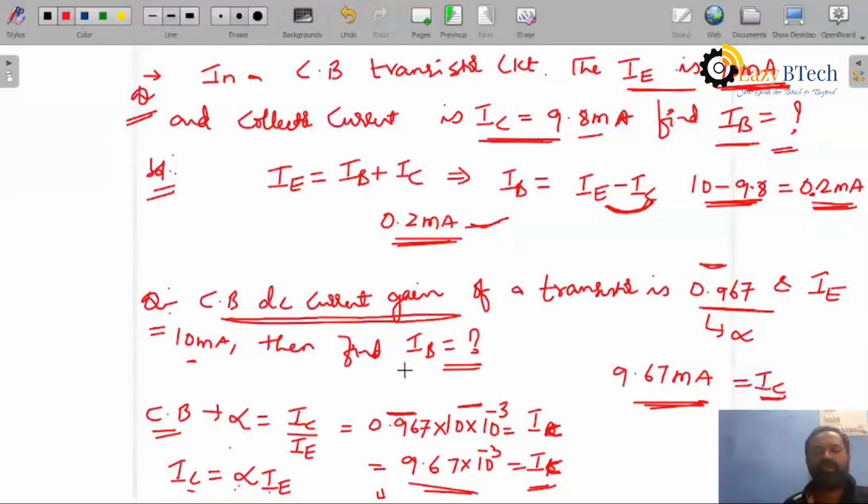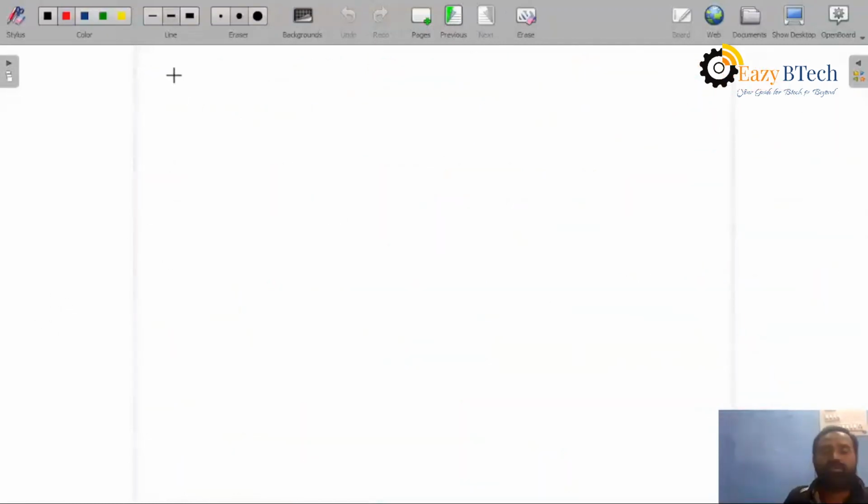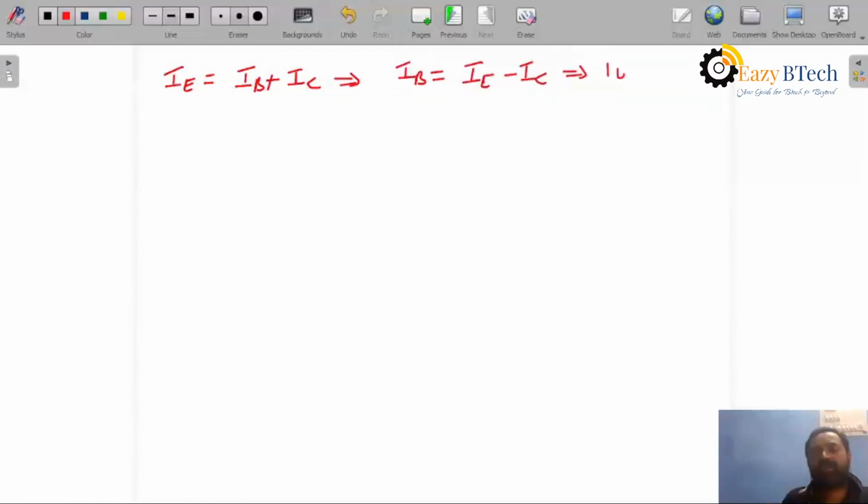Now you may find the IB easily from this formula. What is that equation? IE is equal to IB plus IC. From this, IB is equal to IE minus IC. That is 10 minus 9.67.